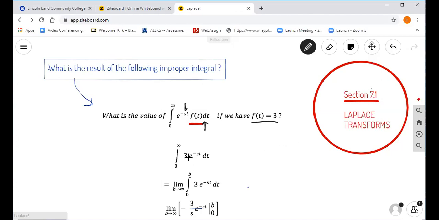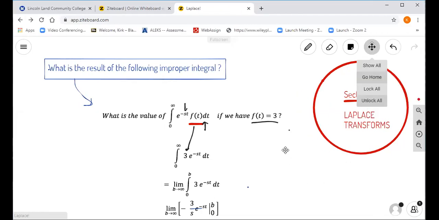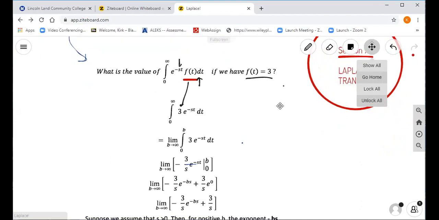So here's our integral. You see here we've just taken this expression and I've replaced f of t with the constant 3. And we're going to see if we can figure out what value this improper integral might have. Well, the first trick in doing that, of course, is to interpret what we mean by an improper integral whose upper limit is infinity.